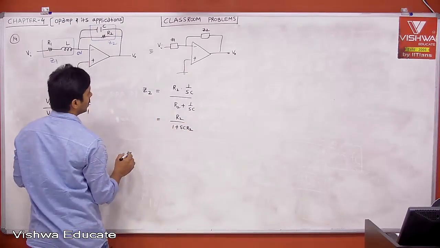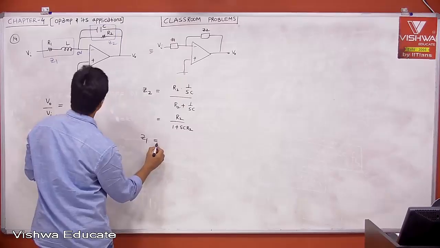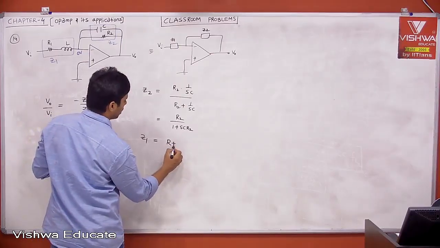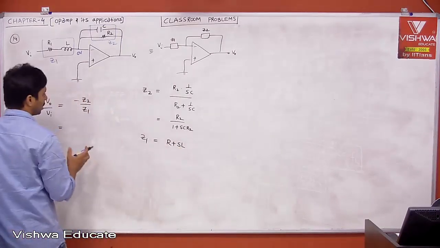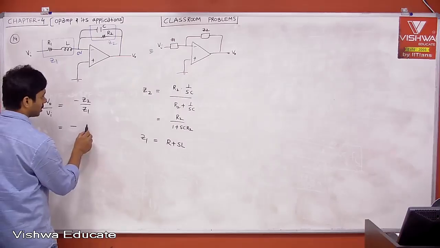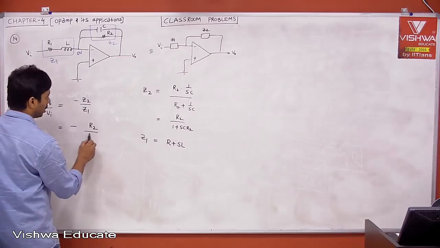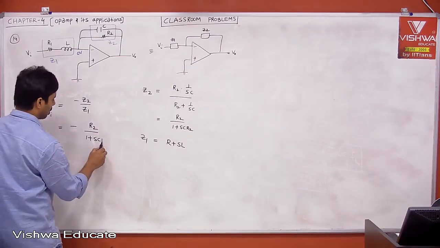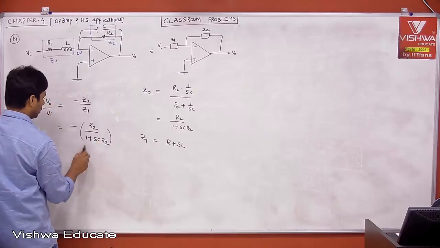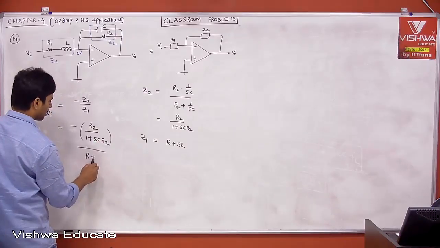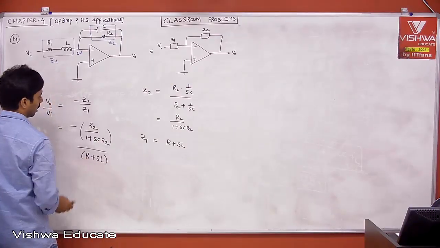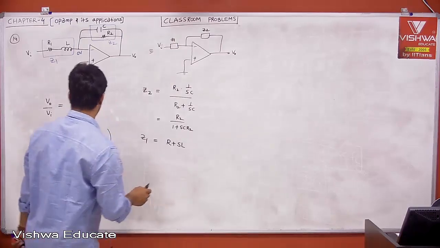This is Z2. Similarly, Z1 is nothing but R1 plus S into L. Then you put it minus Z2: minus R2 divided by 1 plus SC into R2, divided by R1 plus S into L.